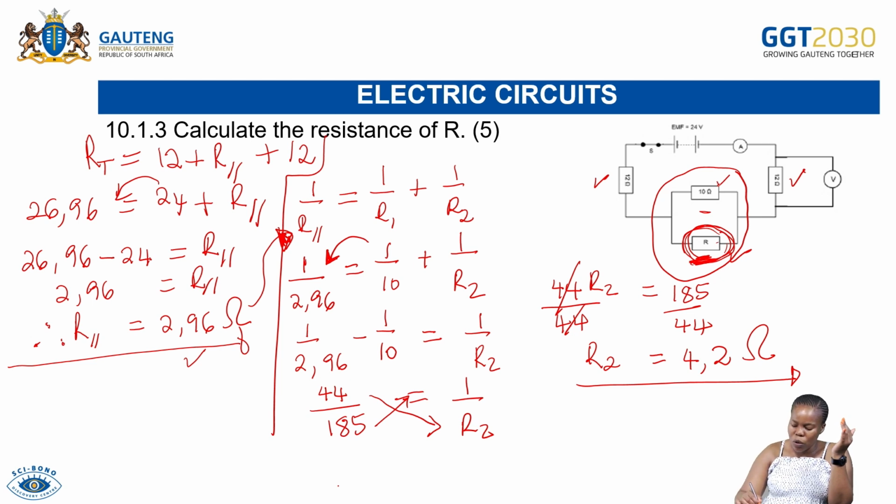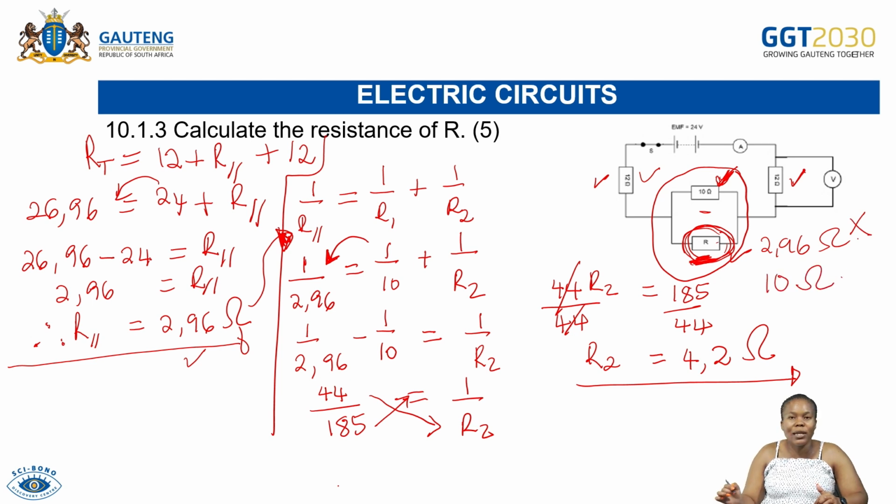Then we need to take into consideration only the 10 ohms. That means the 12 ohms, the 10 ohms, and the 12 ohms are now connected in series. So instead of the 2.96 that we had here, we now have 10 ohms only.